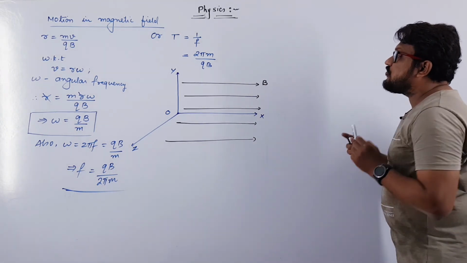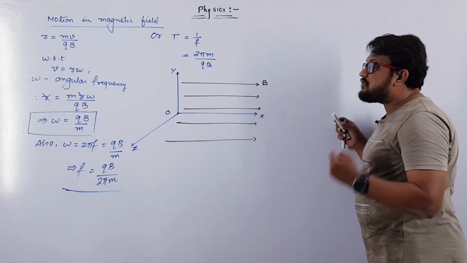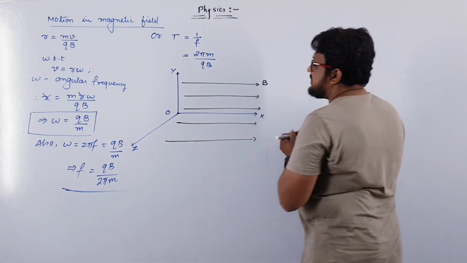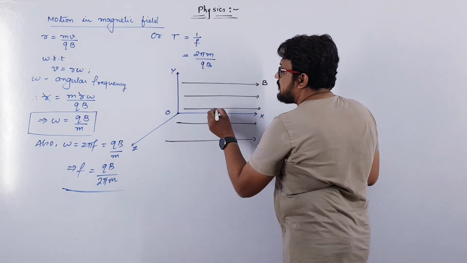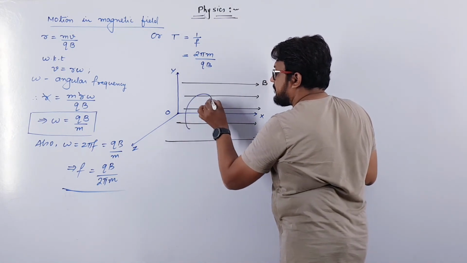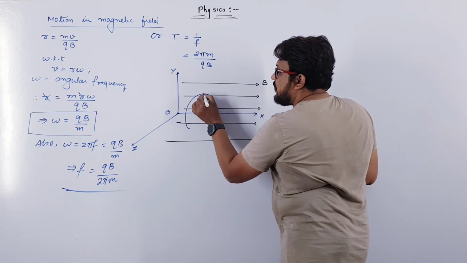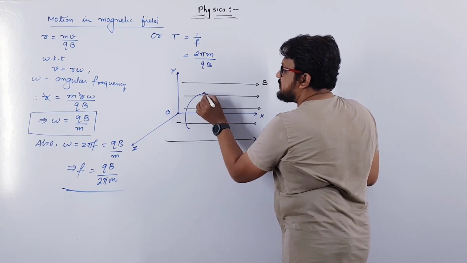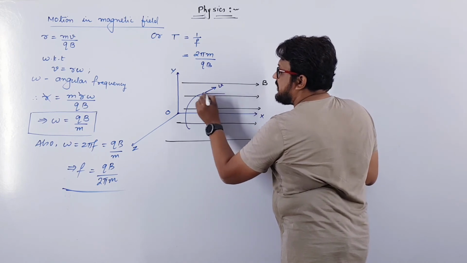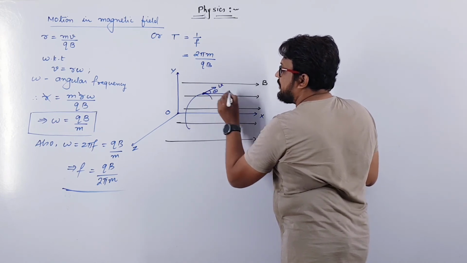Now we have a charged particle which is moving in such a way that it is making angle theta with the magnetic field. So let us say somewhere over here we have a particle which is moving with velocity v, and this velocity is making angle theta with the magnetic field.